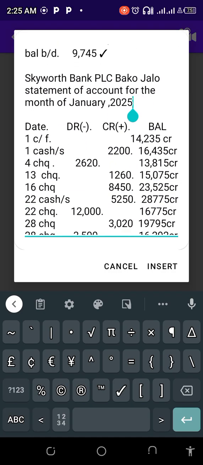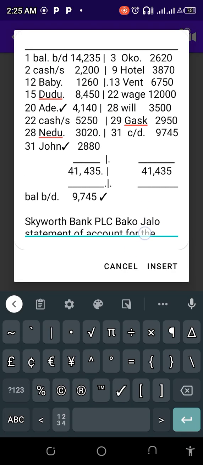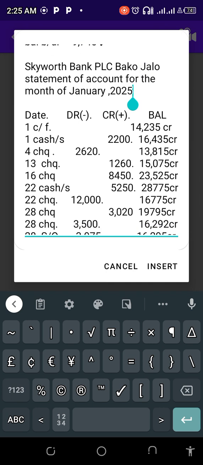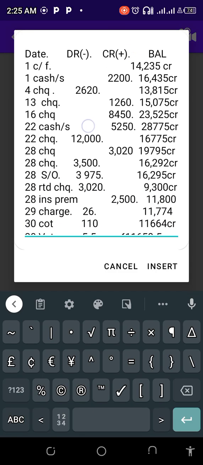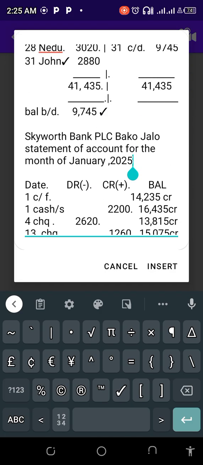Hotel, what is the date? The date is on the ninth. Then on the ninth, no check was debited. On the 13th, no check of that amount was debited. So that should be the first unpresented check.